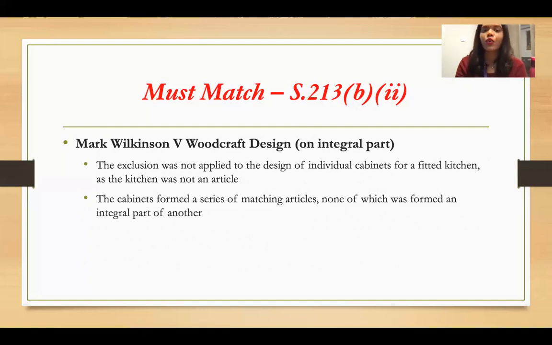But when we're talking about a series of matching, a connection of integral parts, like connecting one part to another part, then for this form of matching things, is it important to ask the question of integral?